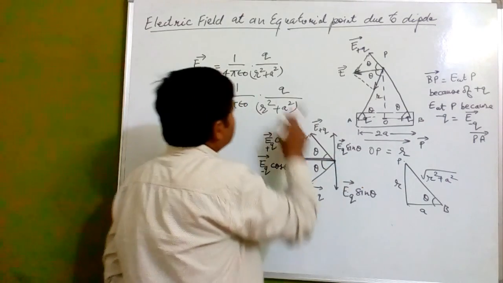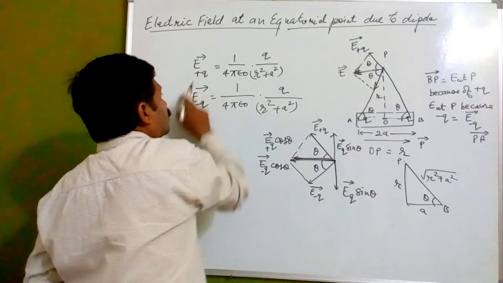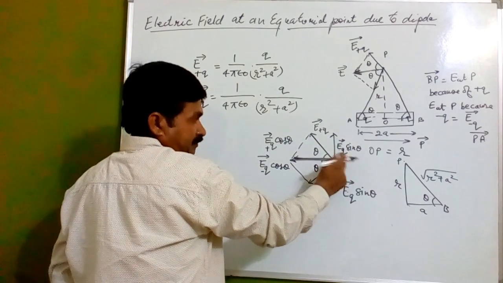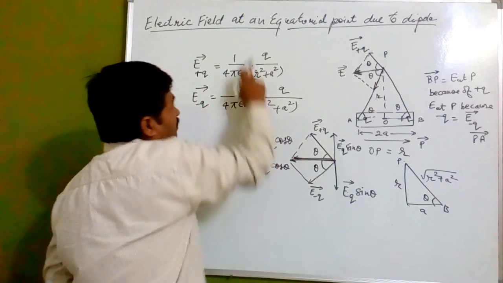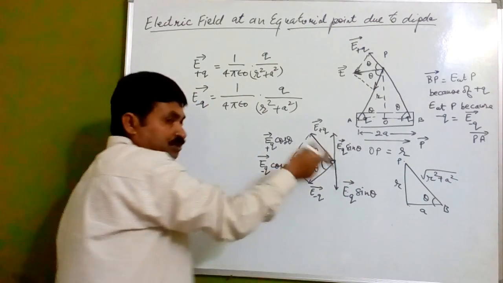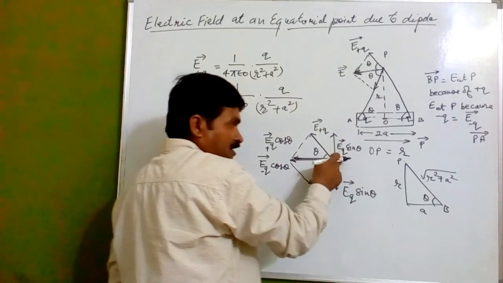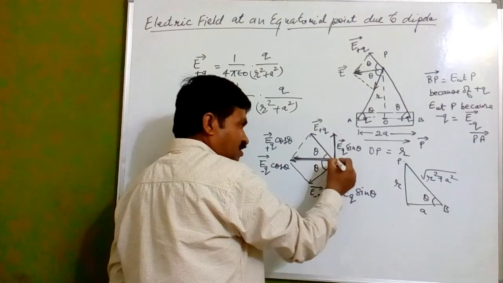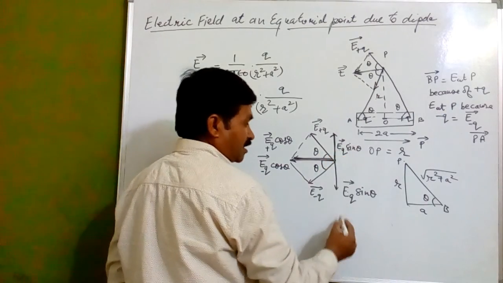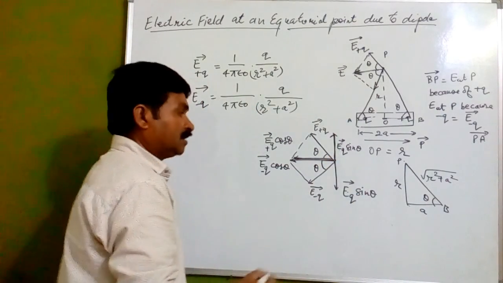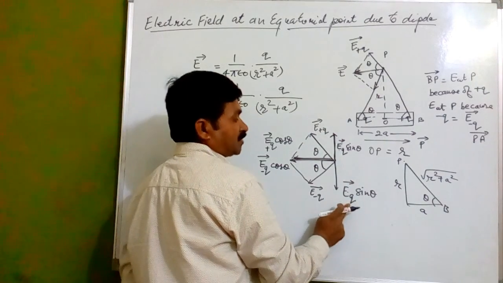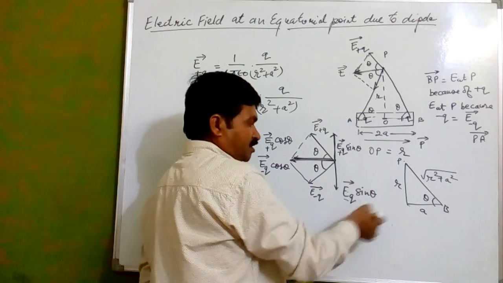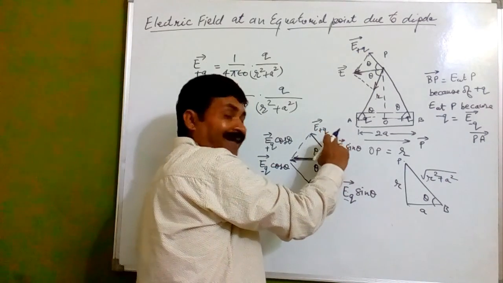Now you will see the magnitudes of these E_+Q and E_-Q are the same, but their directions are opposite to each other. If their direction is opposite, what are we getting? These two components acting opposite to each other will cancel out. Means E_+Q sin theta and E_-Q sin theta will get cancelled.